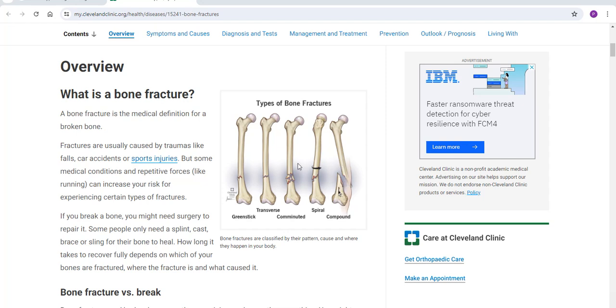Those are the types of fracture, and we need to know all of them while coding, because in the documentation the physician will mention whether it is greenstick, transverse, comminuted, spiral or compound. So you need to know all these definitions. What is the hierarchy of fractures?